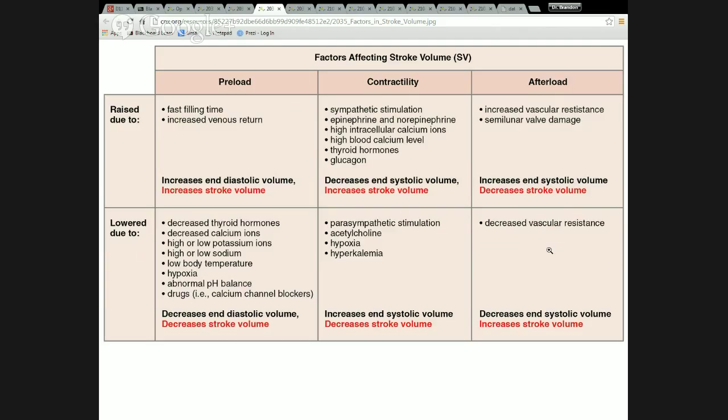It's mostly about getting preload and contractility up, which is going to increase stroke volume. Everything else here decreases stroke volume except when our blood pressure is low. And other than acute changes in blood pressure, we really can't do anything to affect afterload directly.